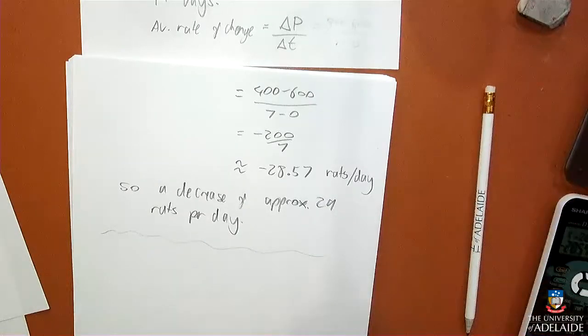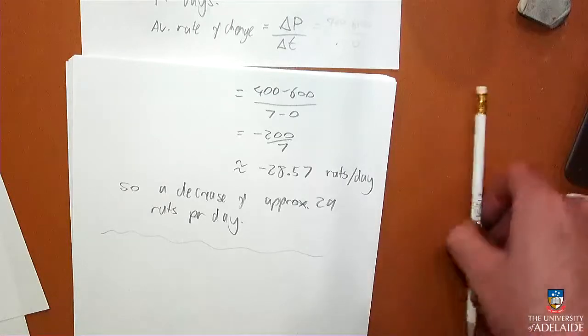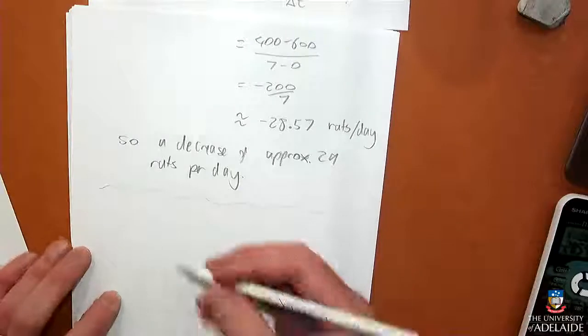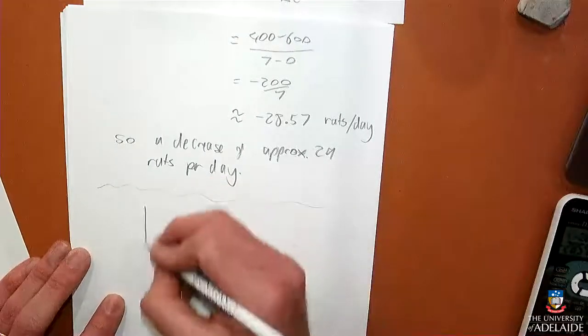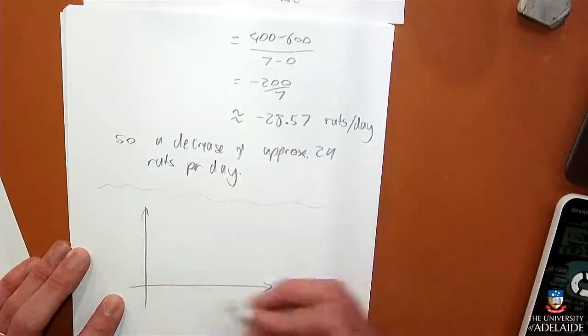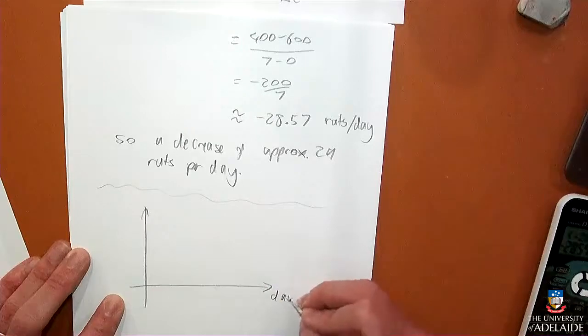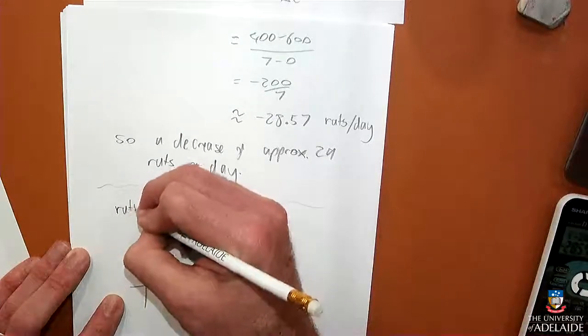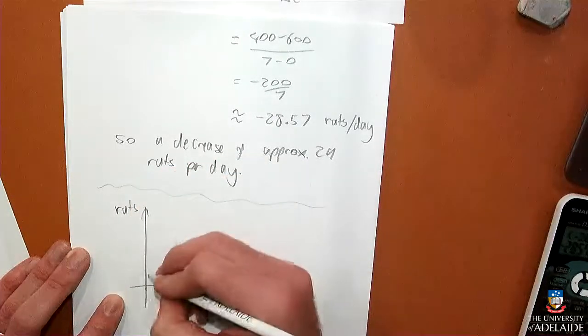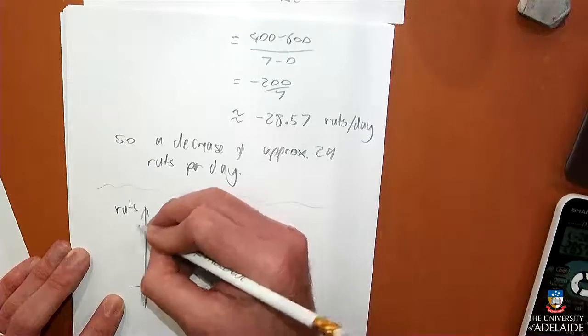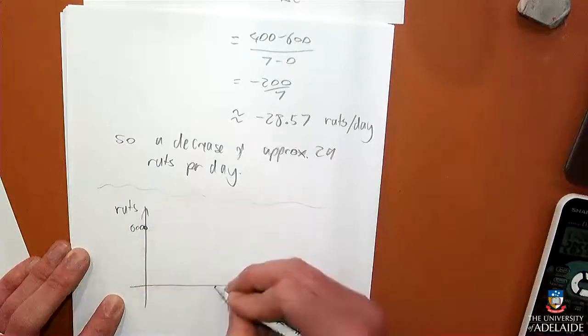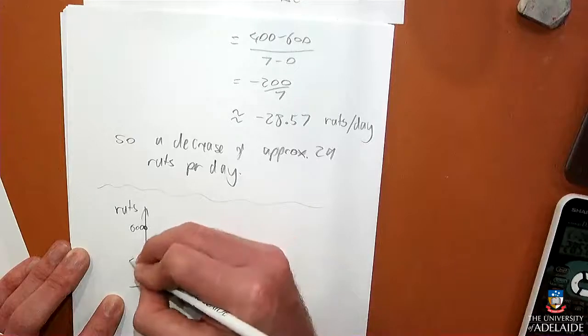And we can visualize what average rate of change looks like on the graph. So for this picture, this is days and this is rats, and we have on day 0 the number of rats was 600, and on day 7 the number of rats was 400.